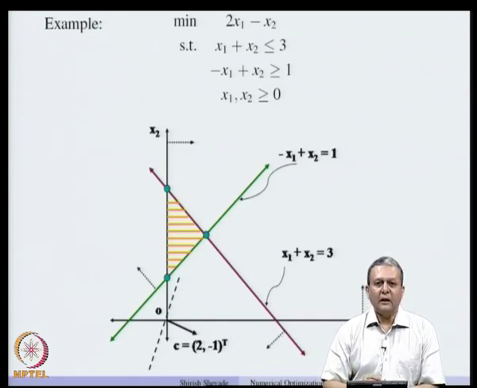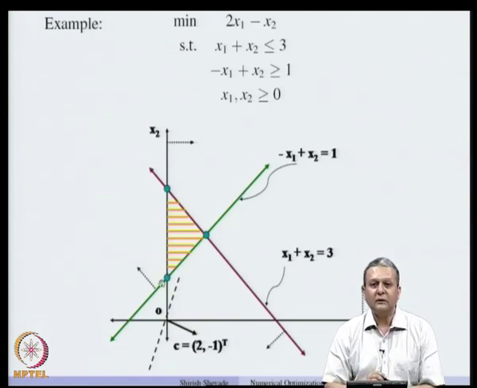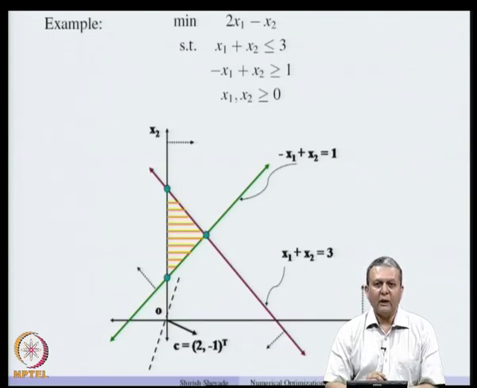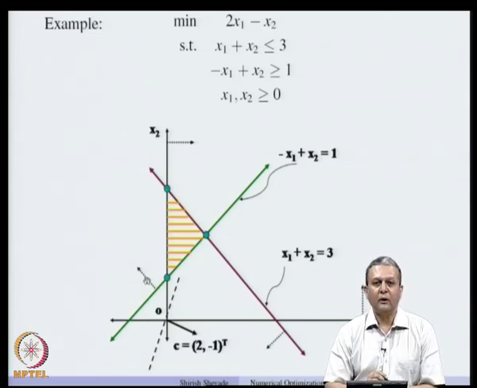Now, the second constraint is minus x1 plus x2 greater than or equal to 1. So, this is the equation of the line minus x1 plus x2 equal to 1. So, the line cuts the x2 axis at 0 1, and minus x1 plus x2 greater than or equal to 1 means the half space pointed by this arrow.